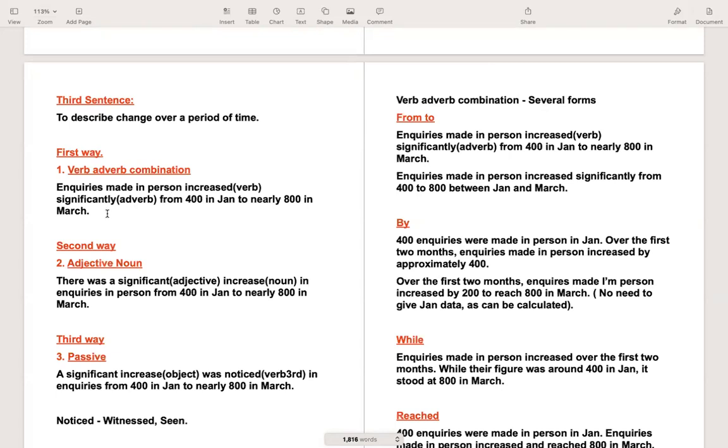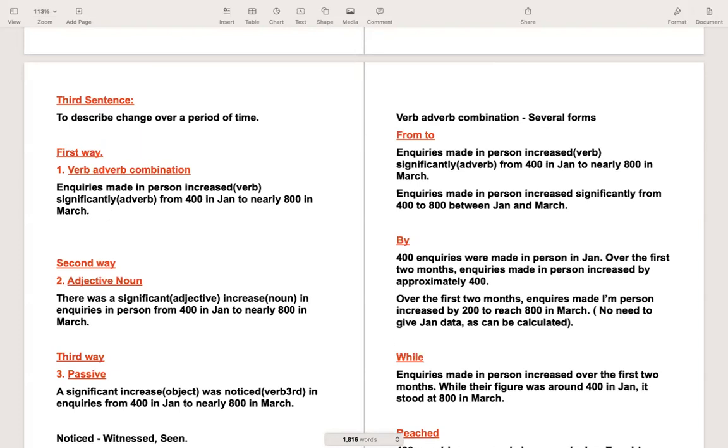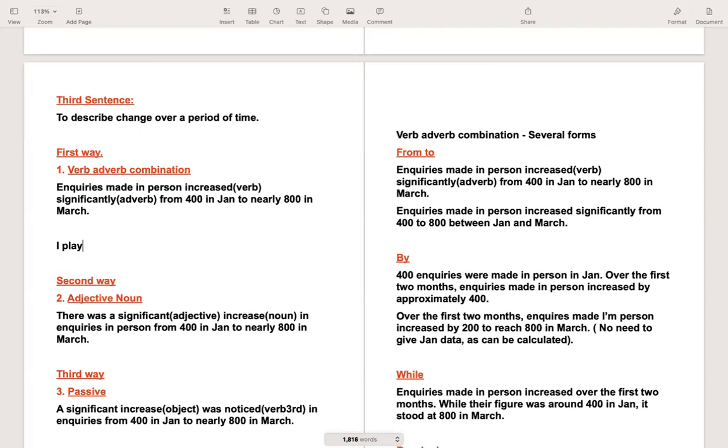What is the verb and adverb? Let me clarify that so that it is not confusing anymore. A verb is the action, right? For example, I play, or I teach, or I study, or I play the piano. And an adverb is a word which qualifies the verb. For example, it tells how the verb is done.